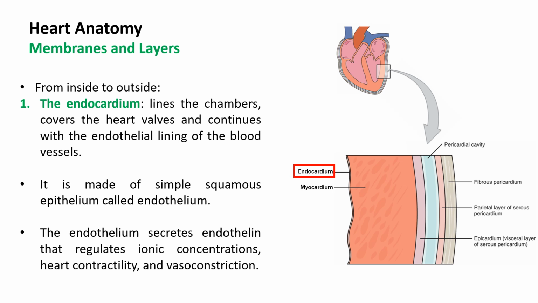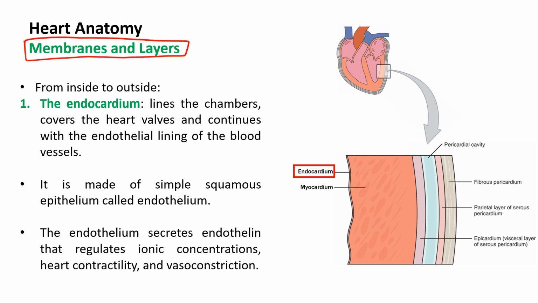We're almost done with the heart. Let's review the membranes and layers of the heart. So far we just learned that the heart is this organ that contracts, and we mentioned that it's located in the thoracic cavity and the pericardial cavity. And as I've been saying many times in AMP1, all your organs are not naked.